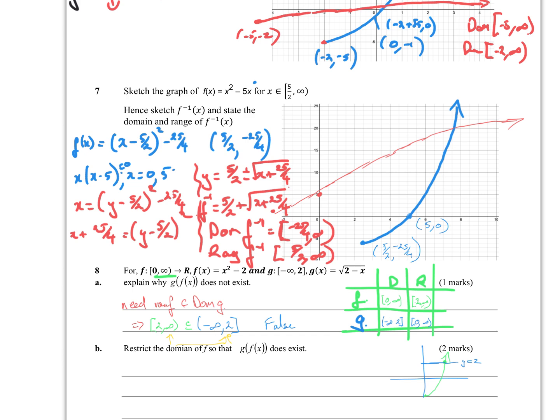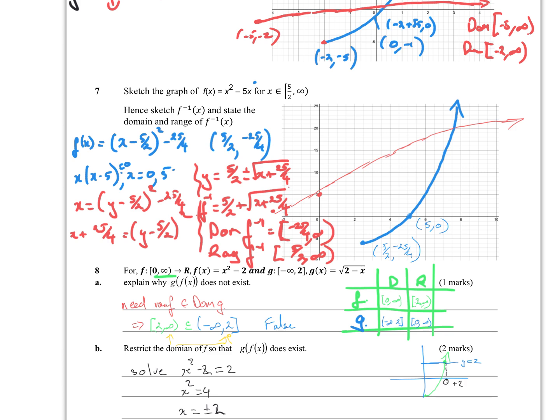All right. So to do that, I've got to work out what x value that is. So if I solve x squared minus 2 equal to 2, I'll get x squared is equal to 4, x equals plus or minus 2. So clearly it's the positive 2 number that we need.